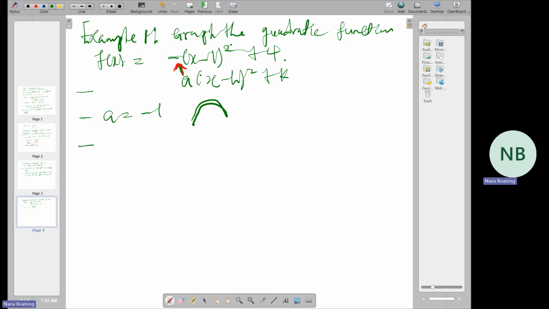The next thing is we have to find the vertex point.